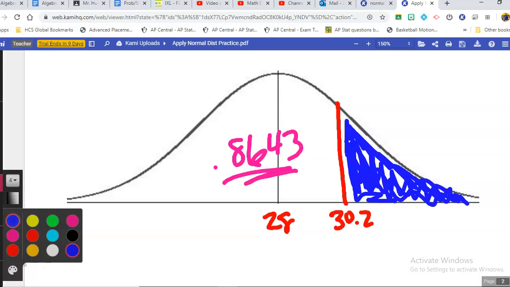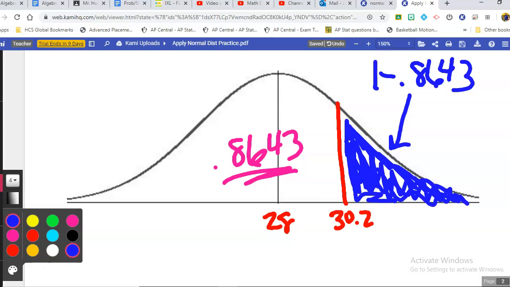We are interested in this area over here. So what is that? That is going to be 1 minus 0.8643. You'll remember our rule from yesterday, when we talked about this, we said that when the value of concern was to the right, or greater than our cutoff point, we wanted to subtract our value from the table from 1. And this is what we're doing here.